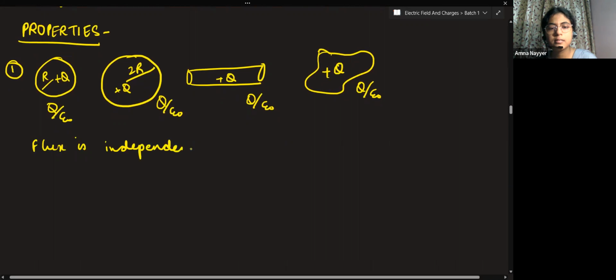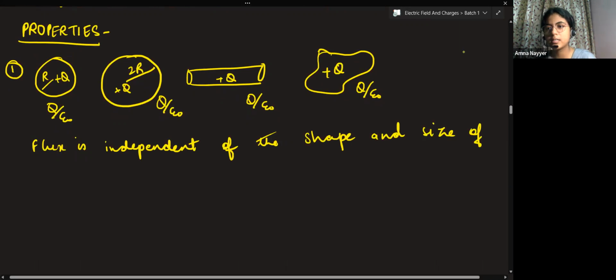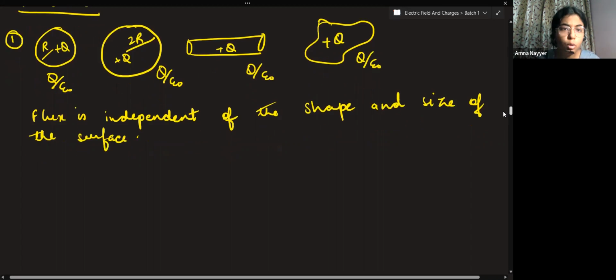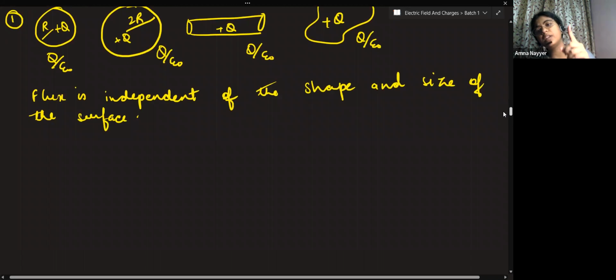Whatever charge is enclosed, that will be considered for the calculation of electric flux.